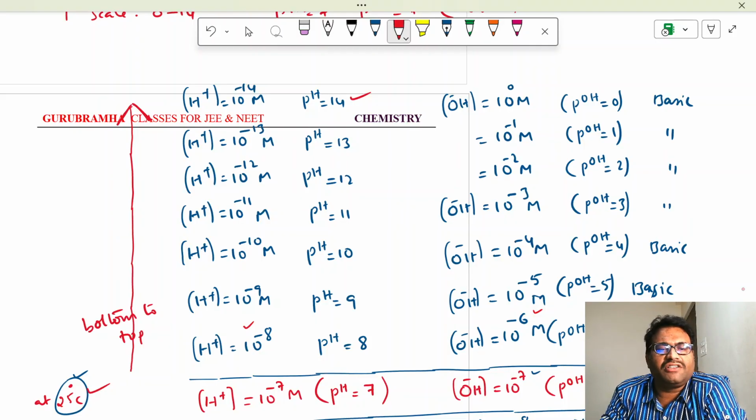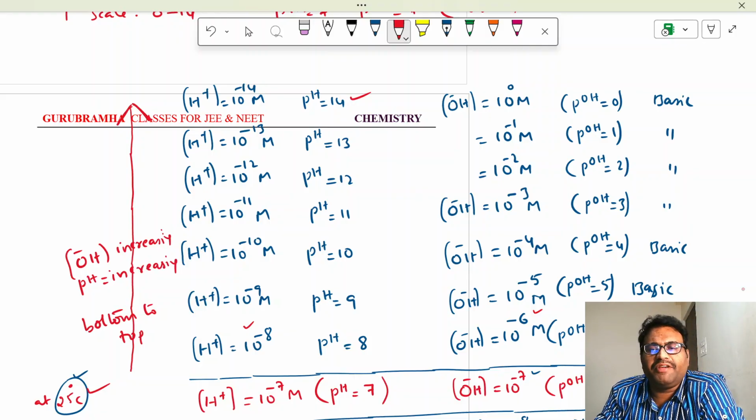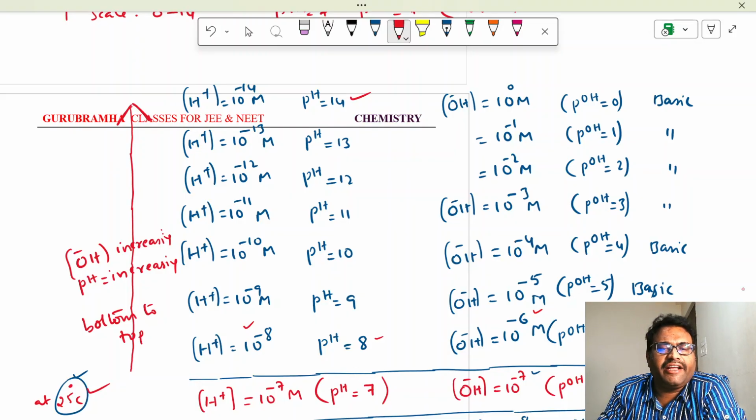OH minus ion concentration is increasing. pH is also increasing, but pOH is decreasing. pH is increasing, you see 8, 9, 10, 11, 12. So OH minus is increasing.